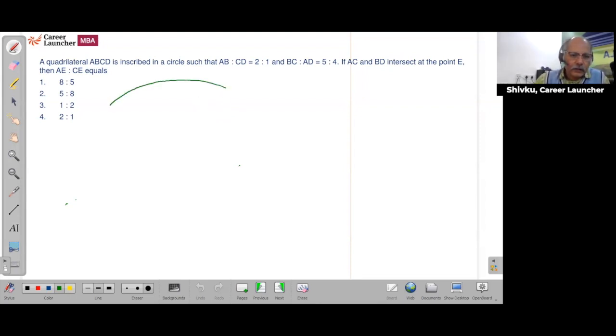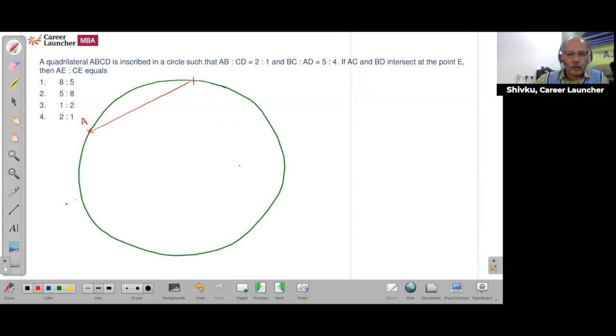So let's take the circle that we have. And let me draw the cyclic quadrilateral. Let's take A, B, C, and D. Okay.